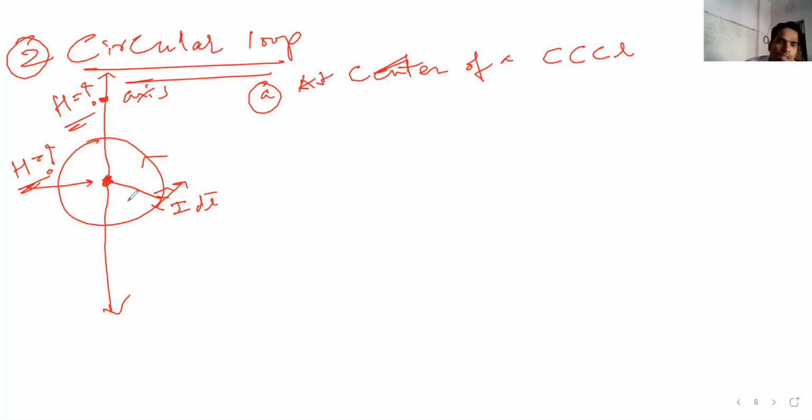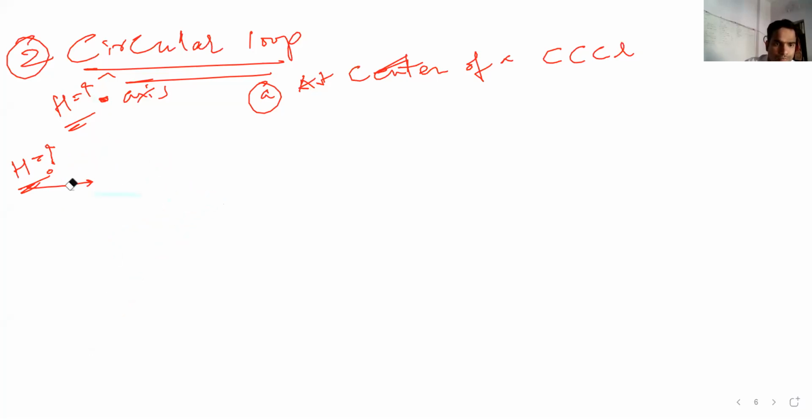Or I can zoom it, or draw a new one. So our first point of observation is the center of a current carrying circular loop.